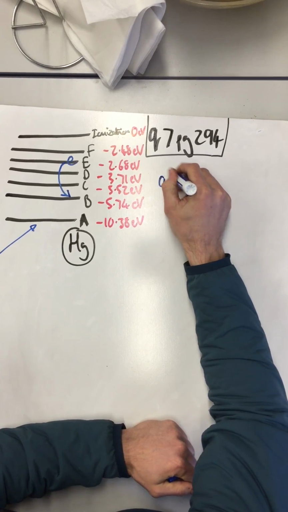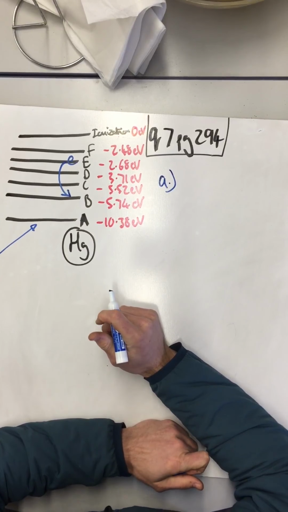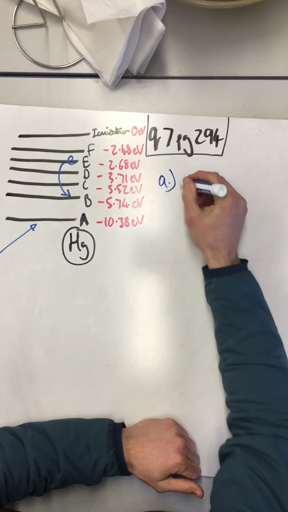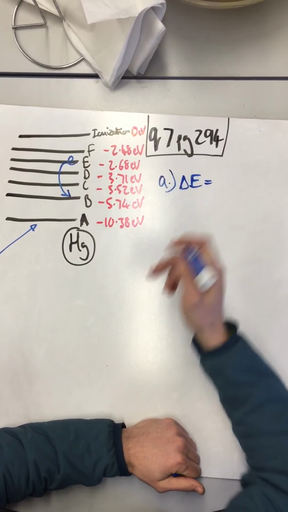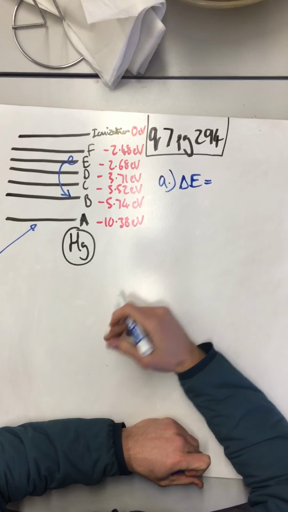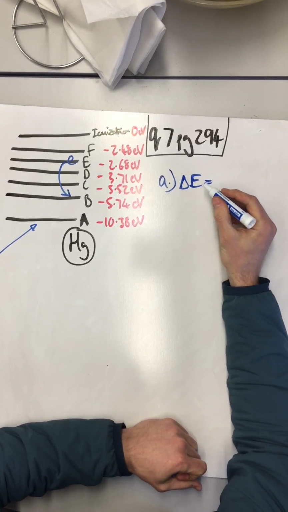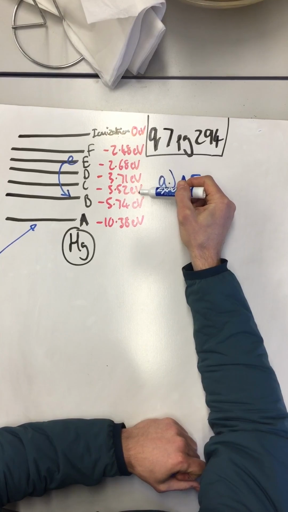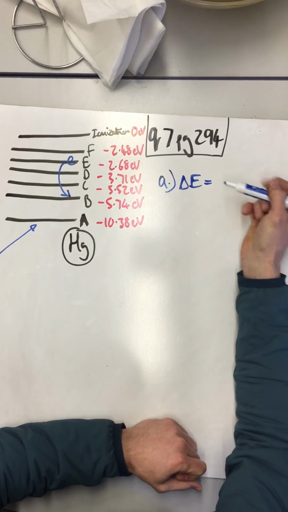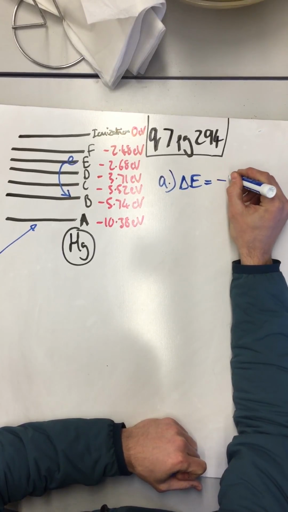So this is question A. We need to know the energy of the photon. Well, we're going to look at the change in energy, right? Because that change in energy from here to here is going to be equal to the energy of the photon. It's pretty straightforward. We're looking at the difference between this energy and this energy here. So I would just literally subtract them from each other.